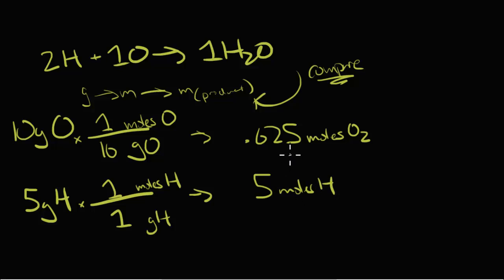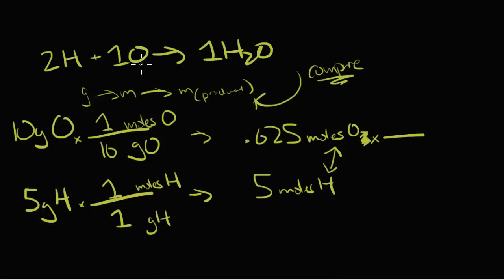Now, it might become slightly more clear, but we're still comparing reactants at this point. We need to get to moles of product. So I need one more conversion, right? Moles of O2, I know this is just plain oxygen, forget the 2.